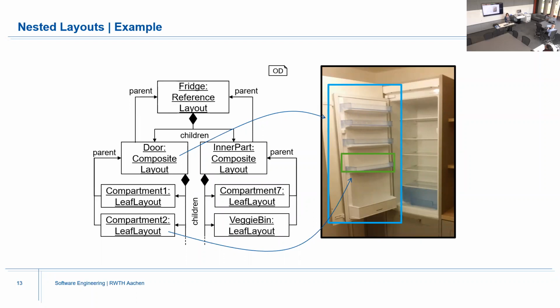In the composite layout, we would then have a door and then different compartments of this door, which are then a part of this composite layout. So based on this information, you can provide very detailed information then to a user where a certain object is, if you have defined in which part, for example, compartment 2 is the milk. Then you can tell the user exactly where he or she can find it.